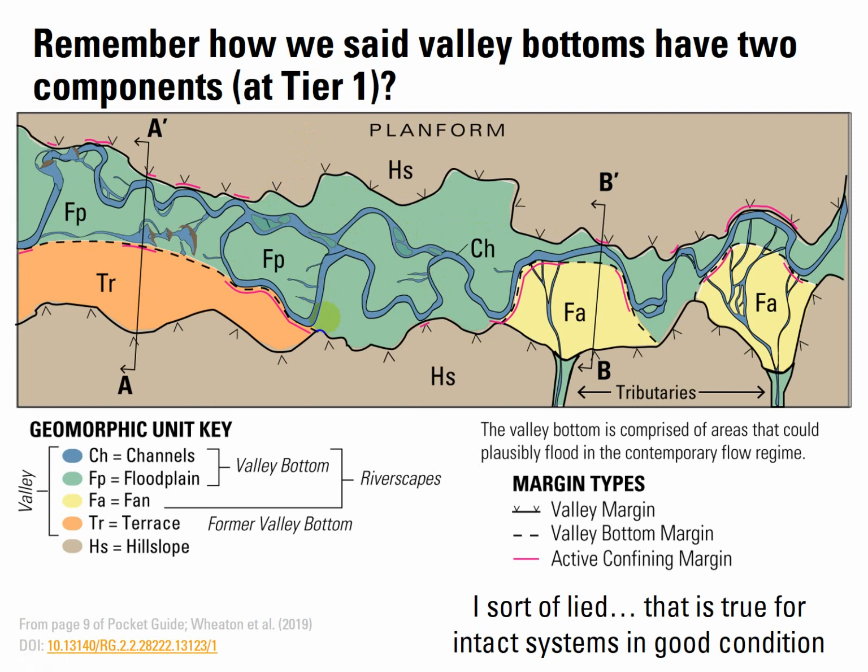Now, it may fluctuate. You may have areas that are temporarily inactive. We differentiate those inactive floodplains from terraces. Terraces are abandoned floodplains from a bygone flow regime, think flow regimes from 500 years ago or more, not contemporary natural flow regimes.